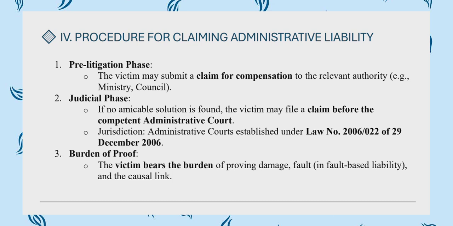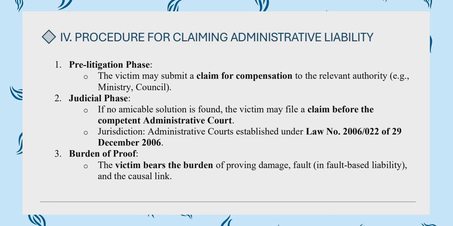You have to claim for compensation. You write a claim and submit it to the office of the administrator, stating that this is what has happened, and so I am claiming compensation. It is when that person has not reacted that you can go ahead to the judicial phase.